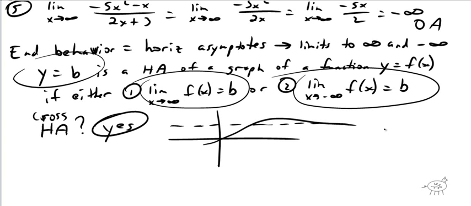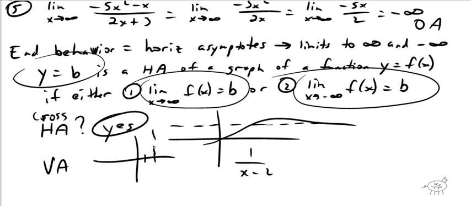So I definitely can cross it. How about a vertical asymptote? Can I cross that? No, because a vertical asymptote would be like 1 over x minus 2. I have a vertical asymptote at 2. Certainly can't cross that, because if you actually touched it, it would be undefined. So no, you cannot cross a vertical asymptote.